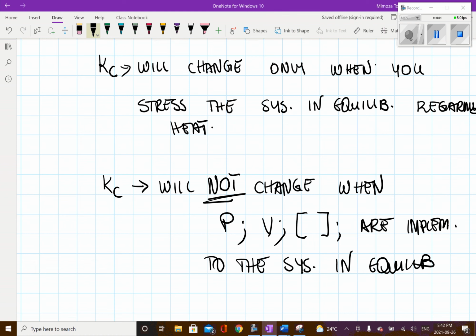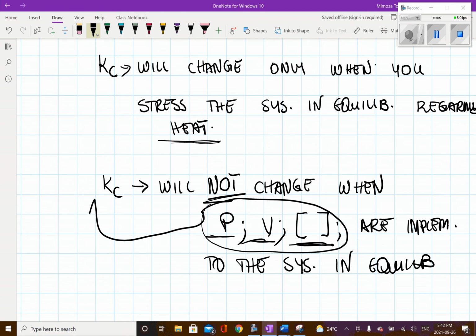So keep in mind that the shift will happen in all the cases where heat, pressure, volume, and concentrations are stressed. However, for pressure, volume, and concentration, the equilibrium constant will stay the same, and for heat it will change. This is it.